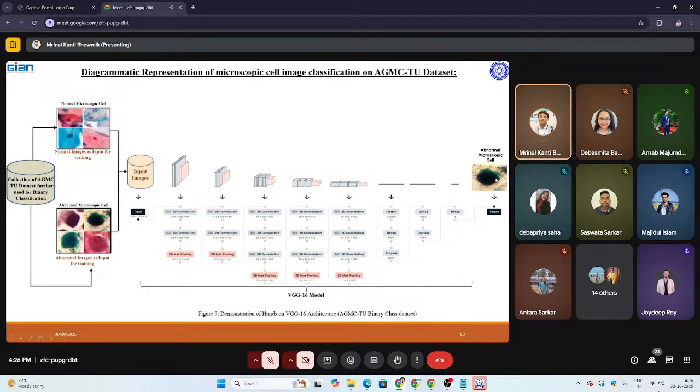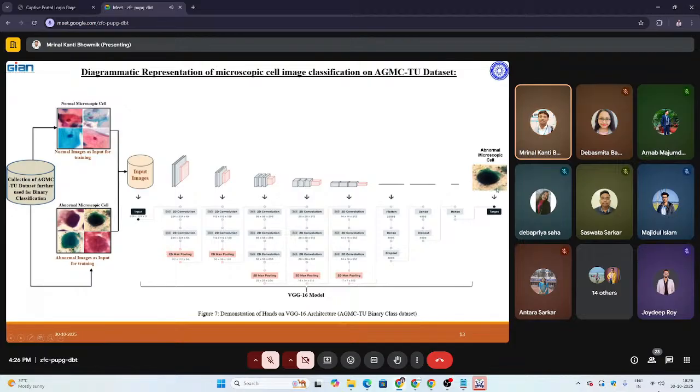So the target cell here has been classified as an abnormal microscopic cell. How did it classify? That is the test image we will be giving in the code. If we take that as an abnormal microscopic cell, then it classifies correctly as abnormal.